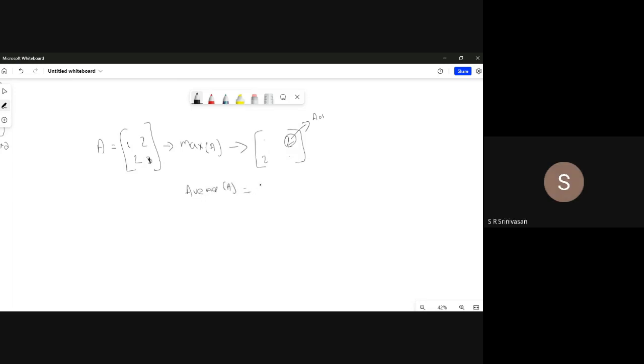For completeness, for average pooling the derivative will be 1 by n. So A1 plus A2 plus A3 and so on, you just generalize. It is 1 by n, that is, 1 by the number of elements. Are you all comfortable with that answer, if it is an average pooling?